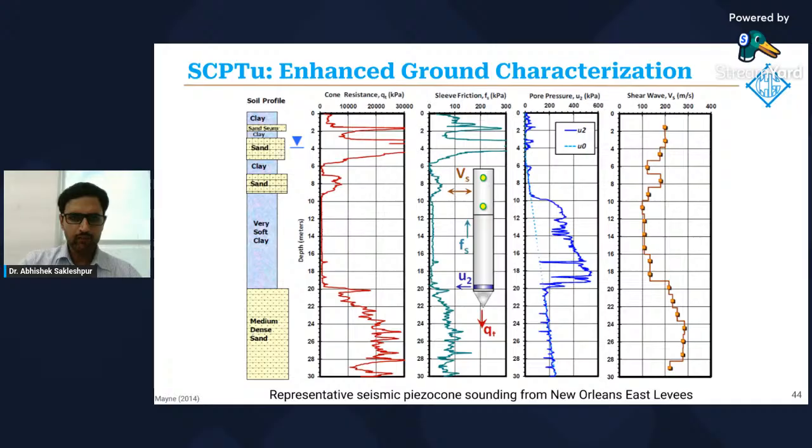Now, wherever we have, let's say, dense sand or medium dense sand, we can see an increase in cone resistance. The pore pressures come back to the hydrostatic pressure in the sand layers, and then we can see an increase in shear wave velocity going up to about 300 meters per second in the sand layers.